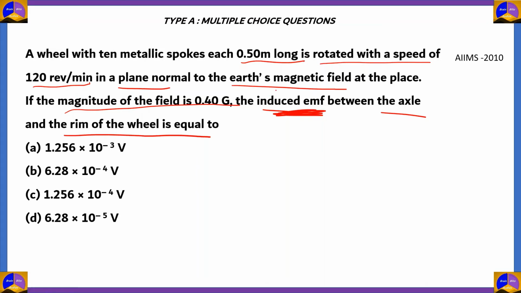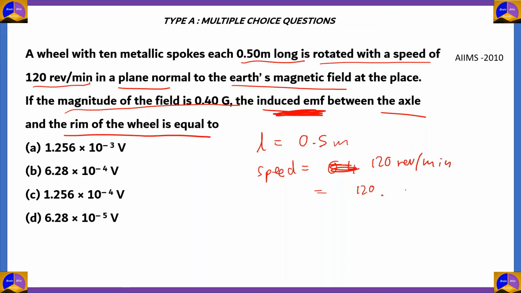In this question, we have the length of each spoke as 0.5 meters, and the speed is given as 120 revolutions per minute. We can think of it as 120 times 1 revolution per minute.